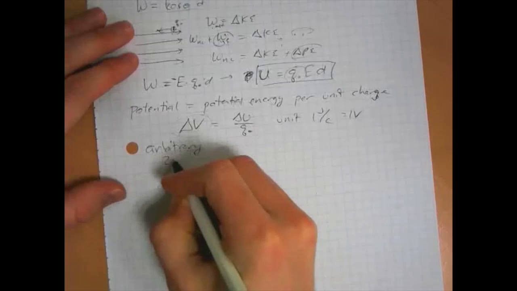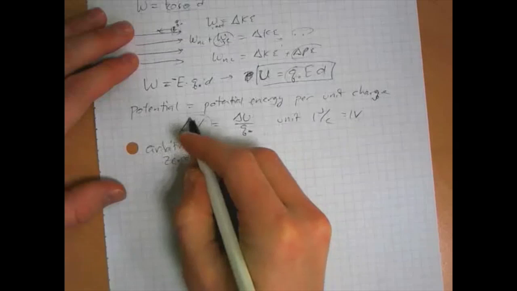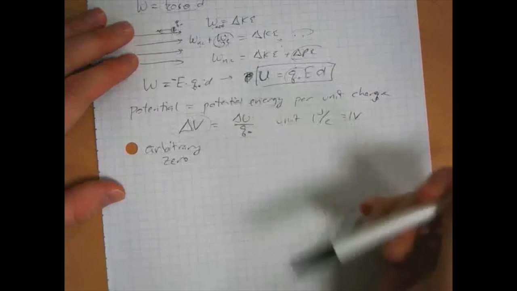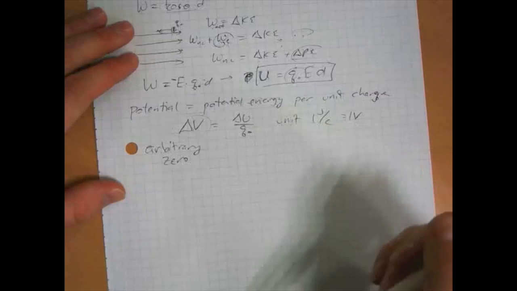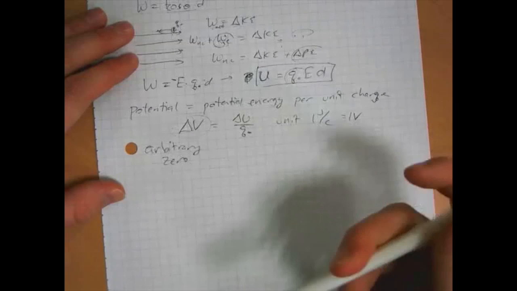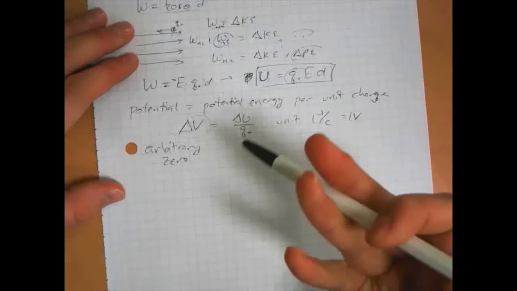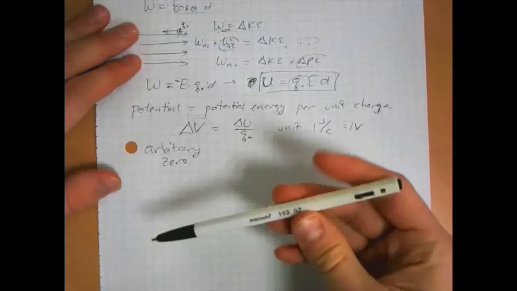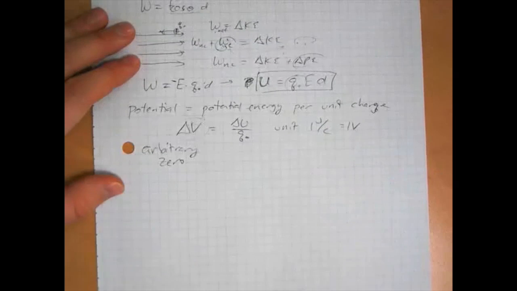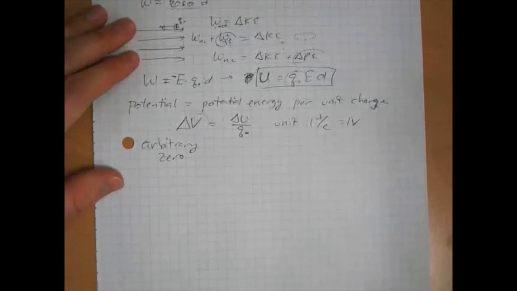All that matters physically is a change in electric potential, and so we can set the zero wherever we want. Where we set the zero typically depends on what the charge distribution is.